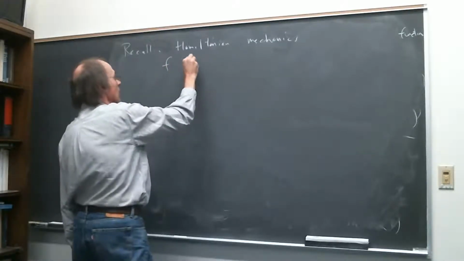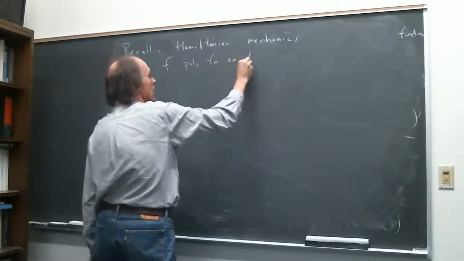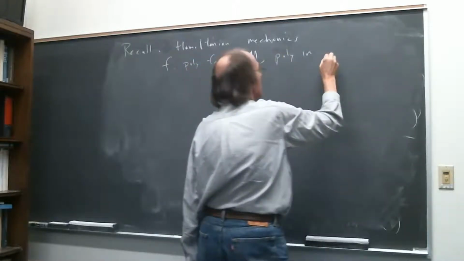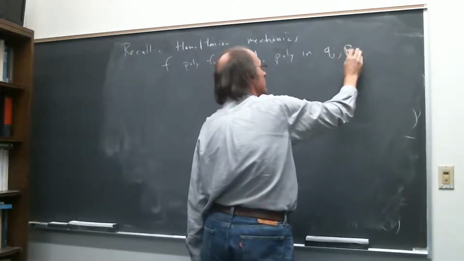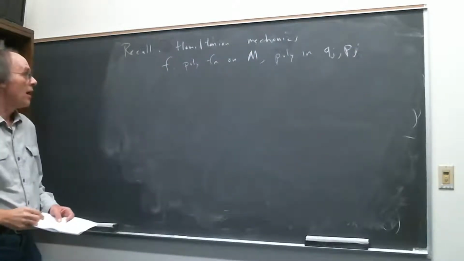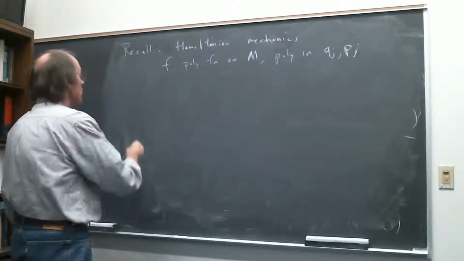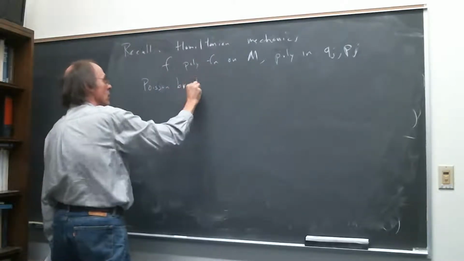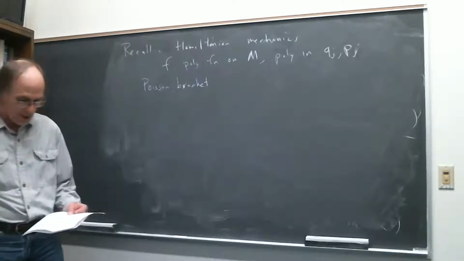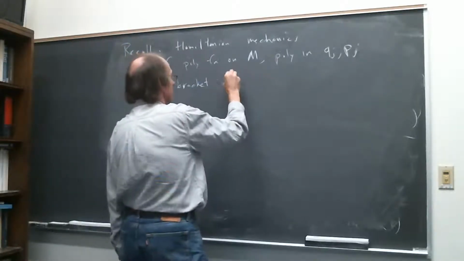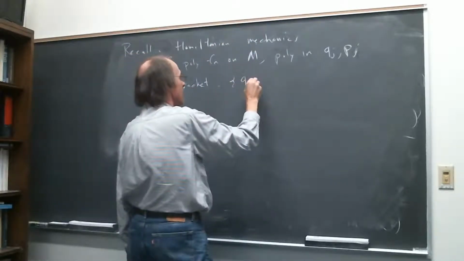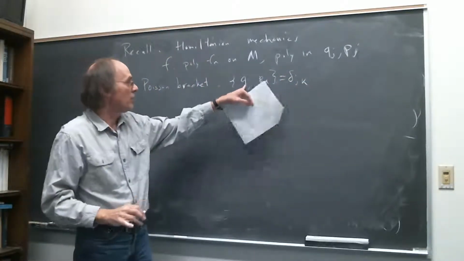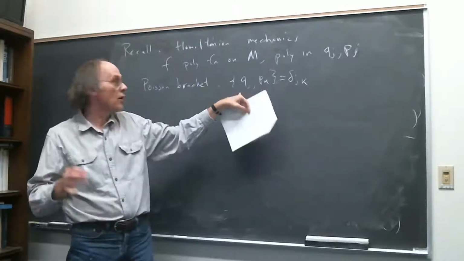So f is some polynomial function on M, a polynomial in generators Q_j, P_j, and then you've got the Poisson bracket, which you define on generators: the bracket of Q_j and P_k is equal to delta_jk, and the bracket of two Q's is 0 and of two P's is 0.